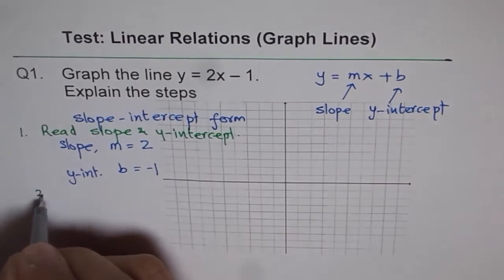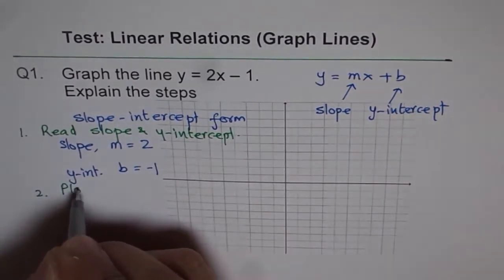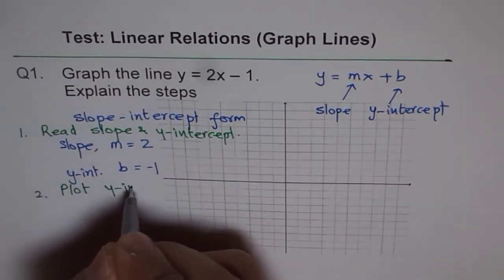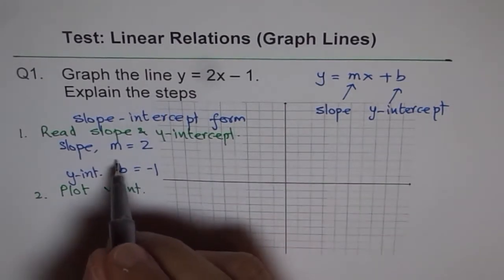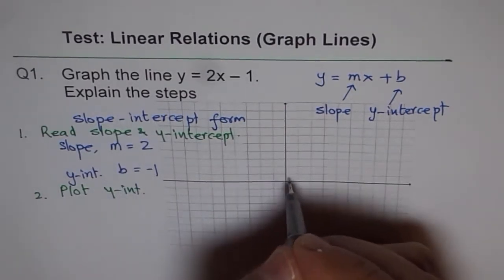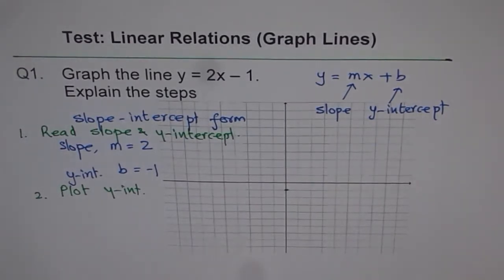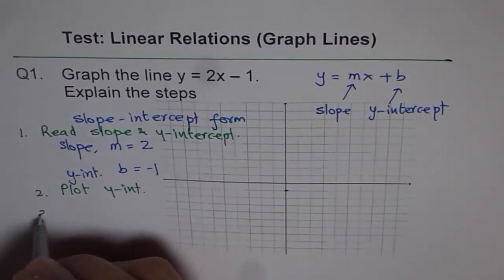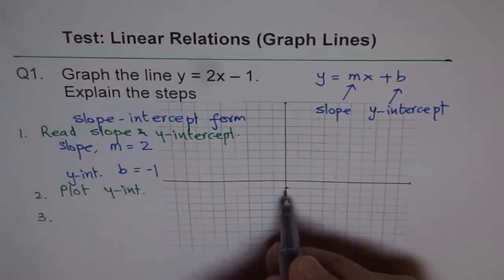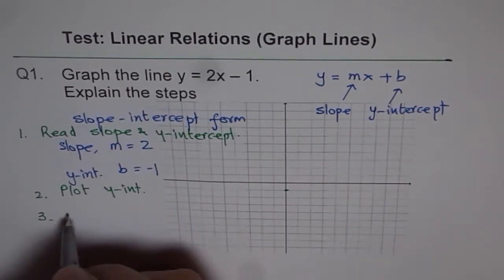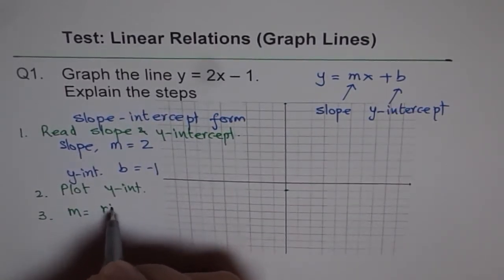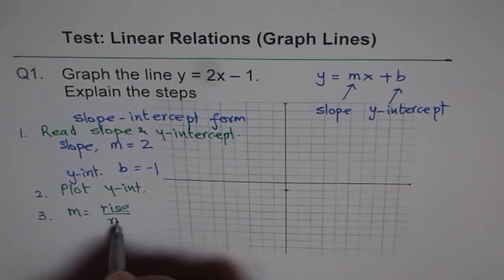And step number 2 is plot y-intercept. So that is y-intercept of minus 1. So we have this minus 1. So we plot y-intercept. And third step is we have to go from here, right? Rise over run. Slope is rise over run, correct?